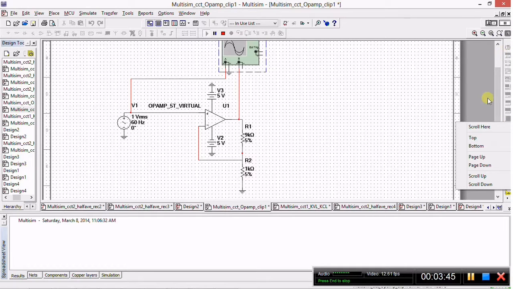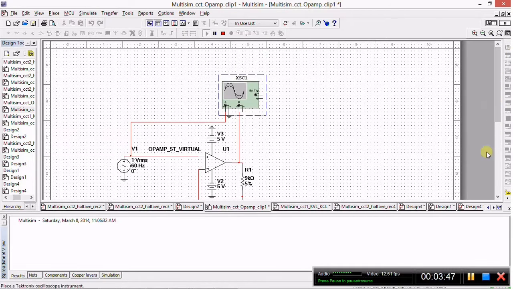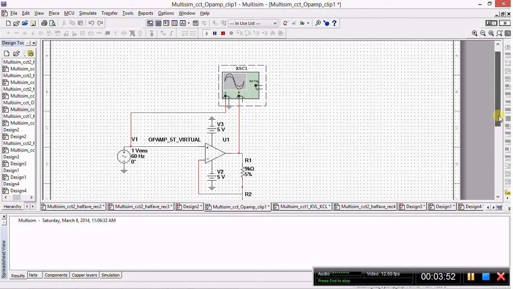As you can see here, we've connected our oscilloscope, because we don't just want a voltage reading, we want a graphical representation of the waveform to see what actually occurs. The oscilloscope has two channels, and I didn't touch on this before, but it can be used to compare two waveforms by using these two channels.